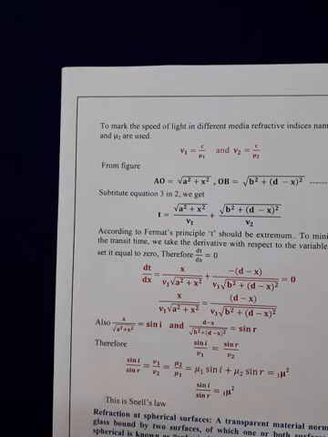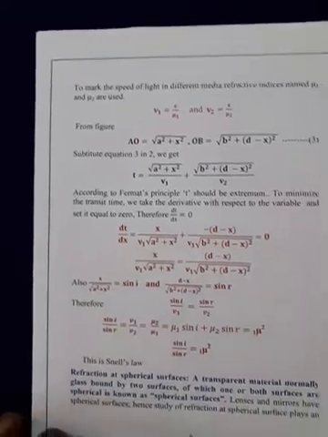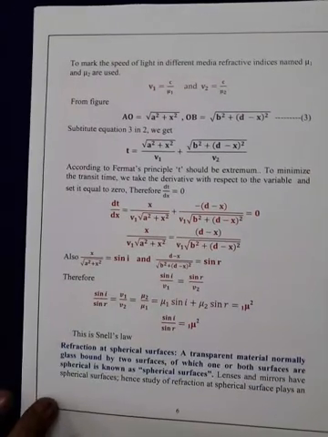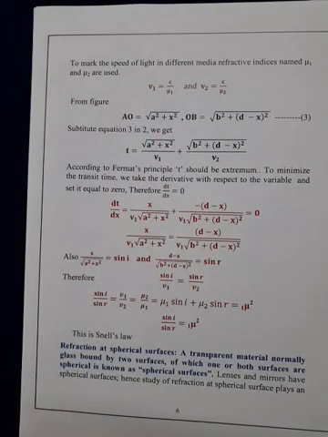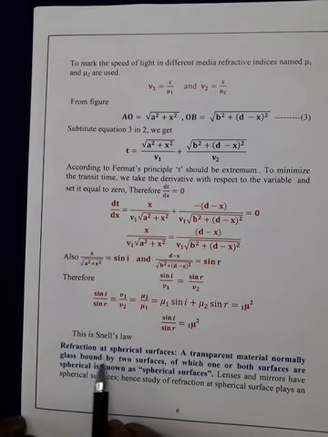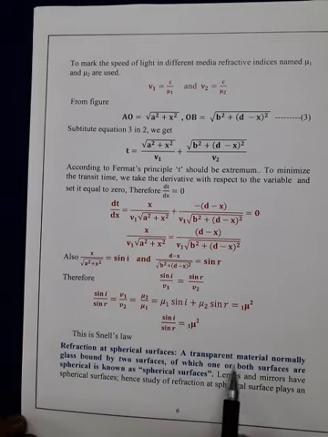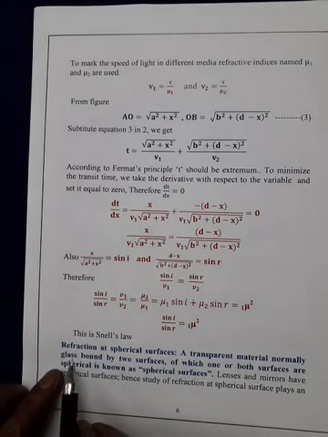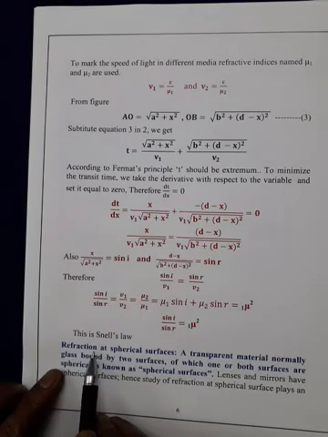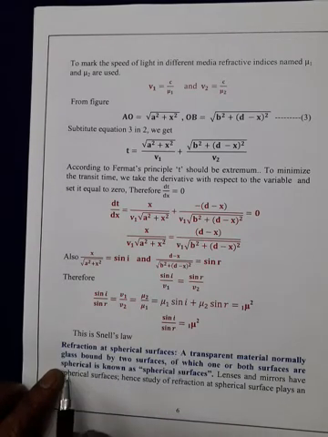Let us go for refraction at spherical surfaces. A transparent material, normally glass, bound by two surfaces, of which one or both surfaces are spherical, is known as spherical surfaces. You remember this? Refraction at spherical surface: because we are dealing with refraction, light is traveling from one medium to another medium.